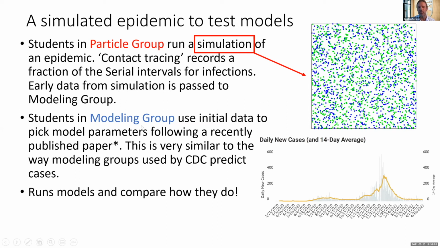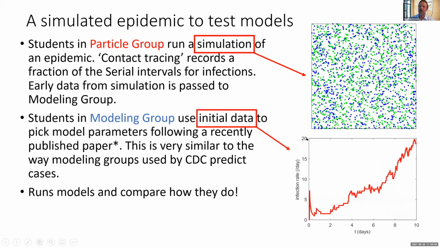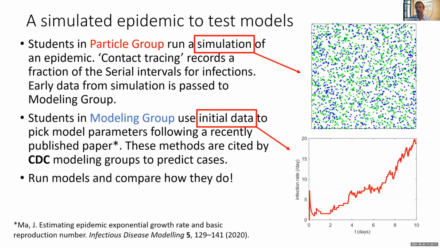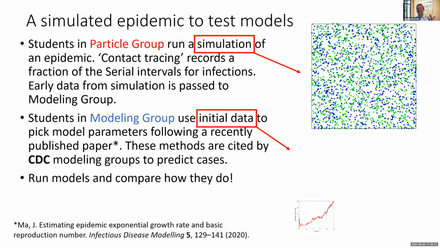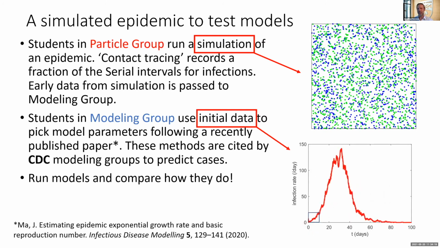The second group, the modeling group, then took that initial data from the simulation, which is comparable to the daily new cases you see here from San Luis Obispo County. And here's some example data right here, for the first 10 days of a simulated epidemic. And then they used that to try to predict, using standard procedures in the literature, the next 90 days, say, of the epidemic.